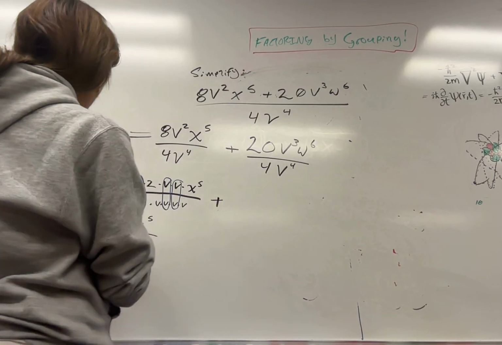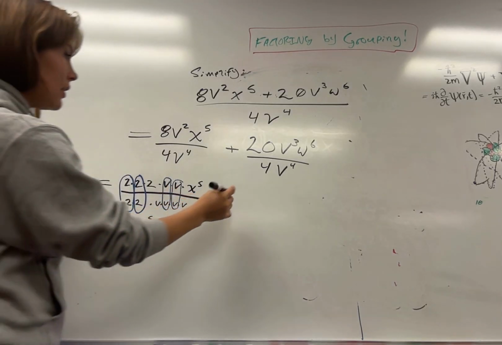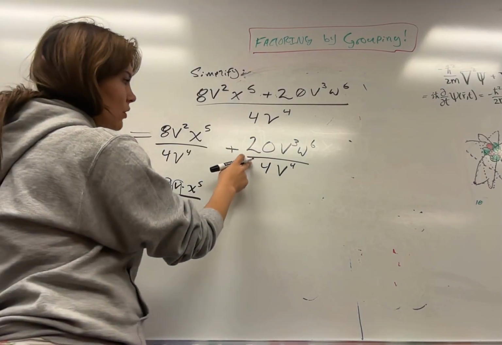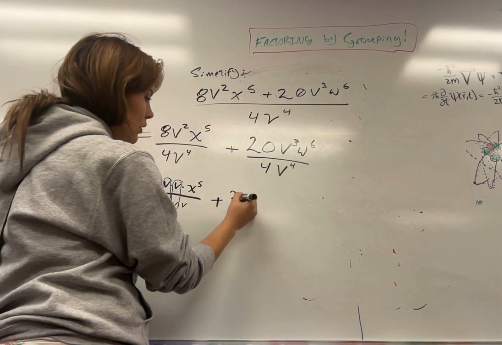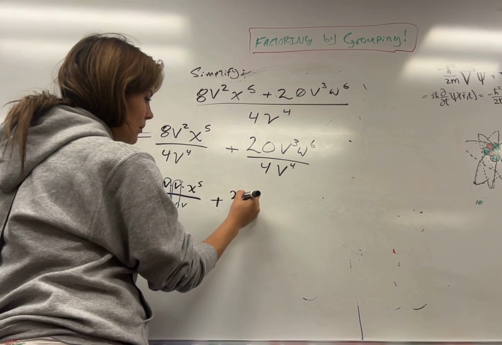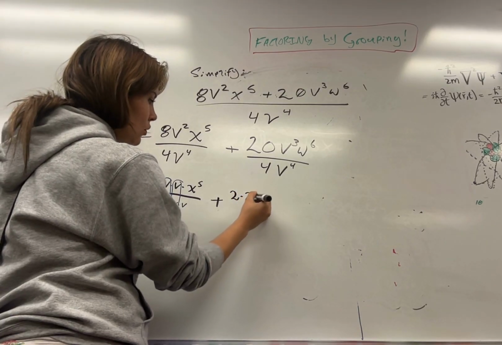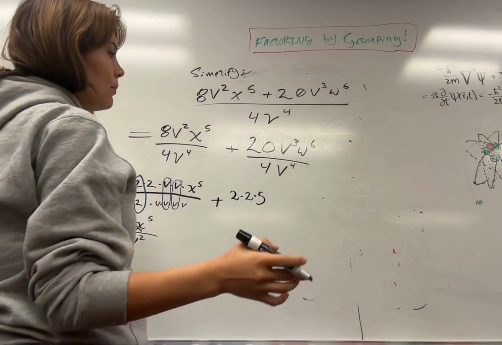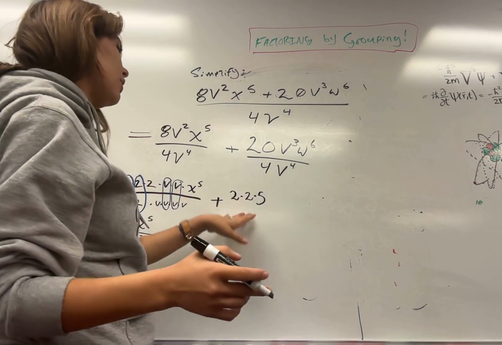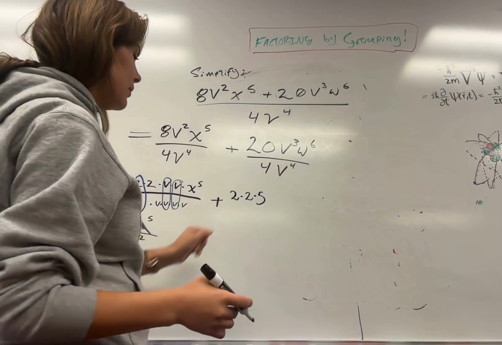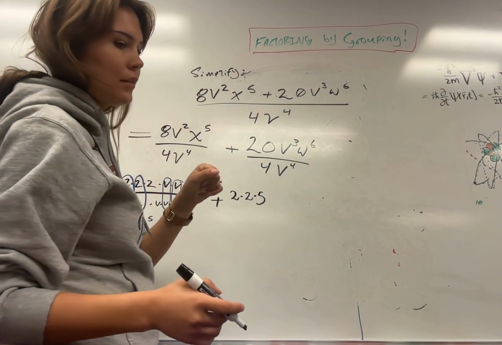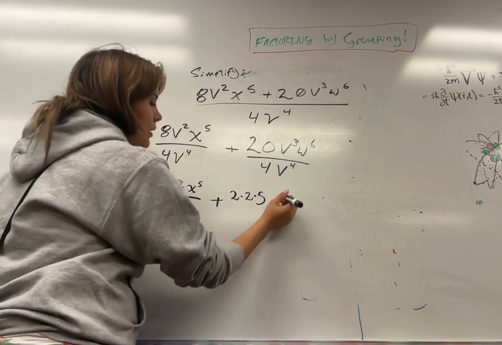Now, in this other term, what do we have? Let's factorize. We have 2 times 2 times 5. Those are the prime factors of 20, right? 2 times 2 is 4, times 5 is 20. That's on the top.